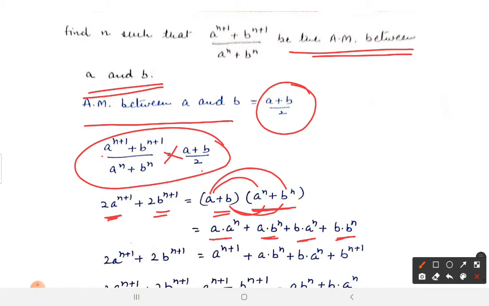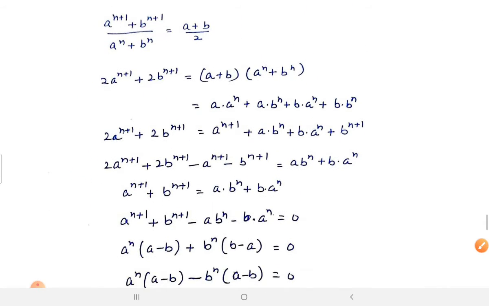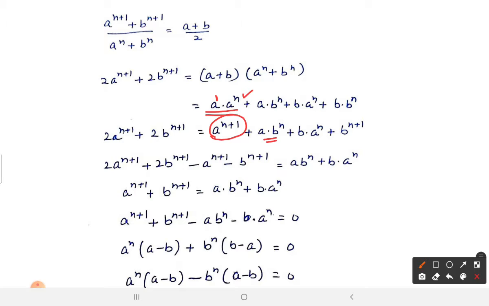Here, as the bases are the same in multiplication, the power of a is 1 and here the power of a is n, so we get a to the power n plus 1. Here we have a into b to the power n. Here we have b into a to the power n. Again here the power of b is 1 and here the power of b is n, so the bases are the same and the powers get added, so we get b to the power n plus 1.